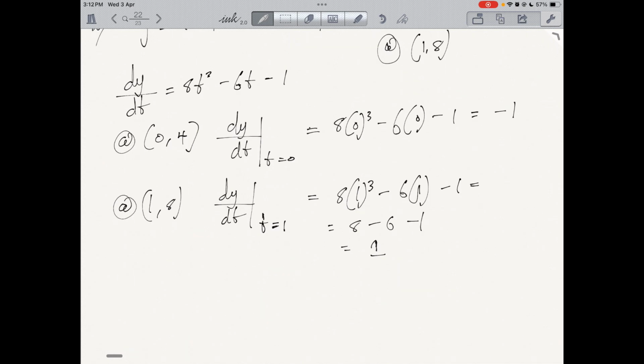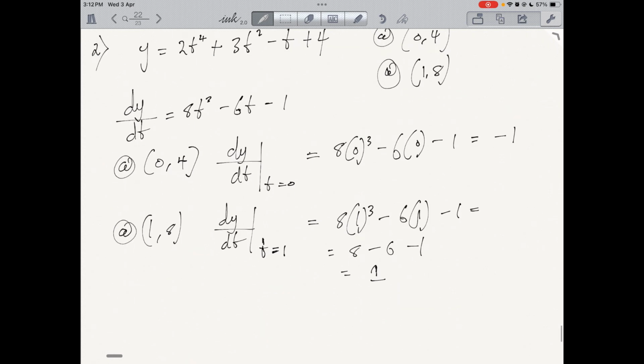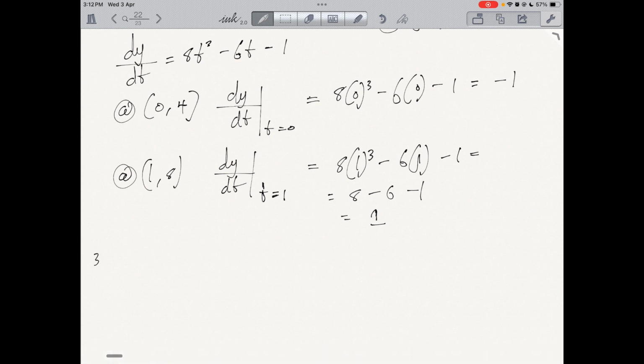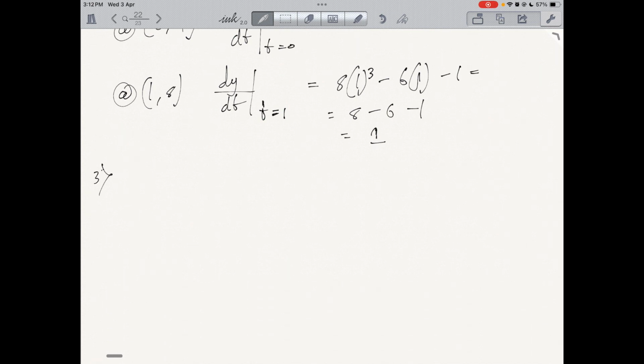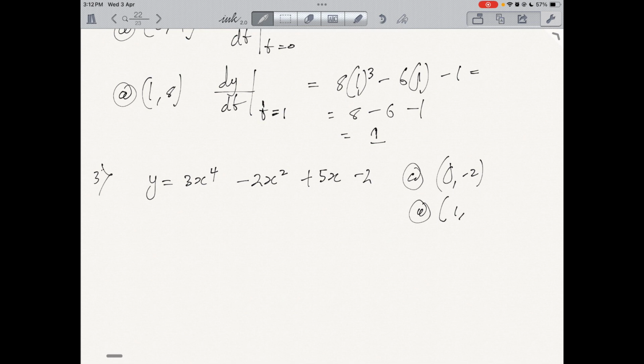Now, let's consider the final problem. It says we should evaluate the gradient of the curve y equals 3x raised to the power 4 minus 2x squared plus 5x minus 2, at the point 0, minus 2 and at the point 1, 4.